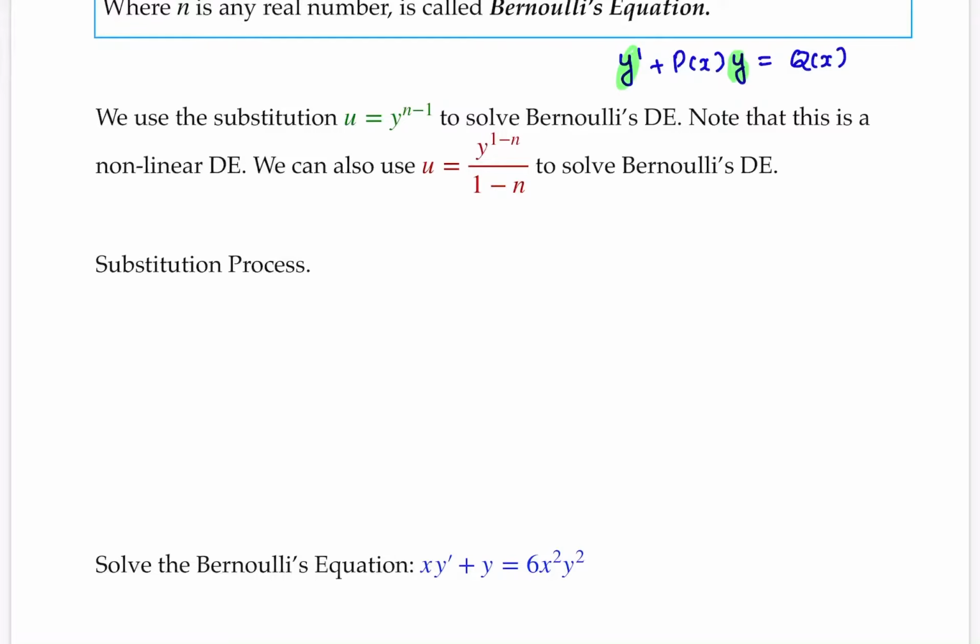Number one is that you have a non-linear first order differential equation, y in terms of x. Let's bring it down here a little bit and box it up.